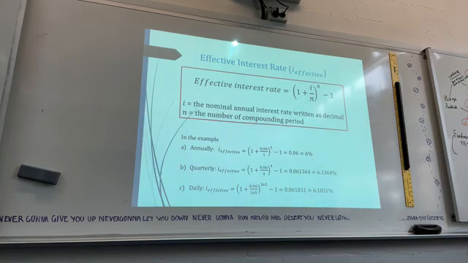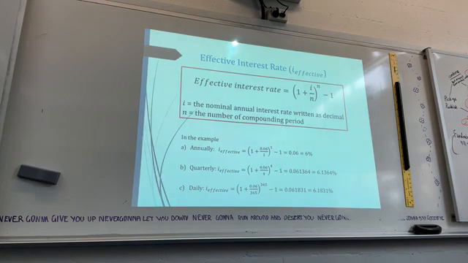Effective interest rate, or I effective, that's given in your formula sheet, is equal to 1 plus the interest rate divided by n, to the power of n, minus 1, where I is the nominal annual interest rate written as a decimal, and n is the number of compounding periods.